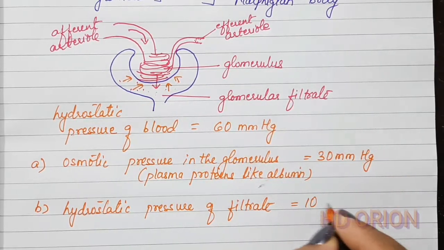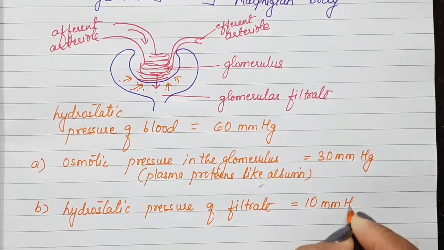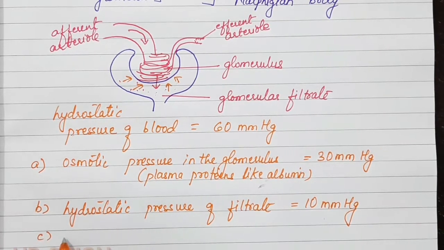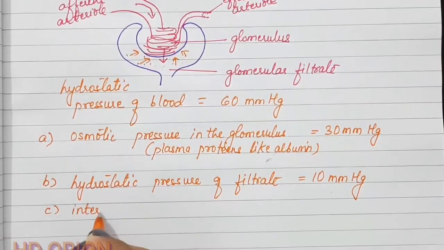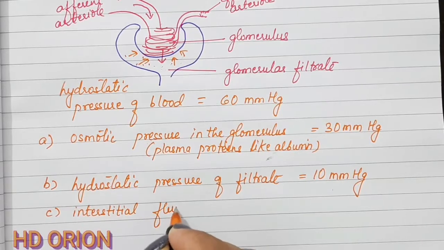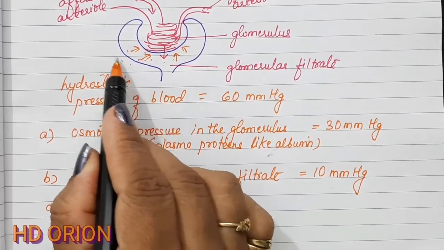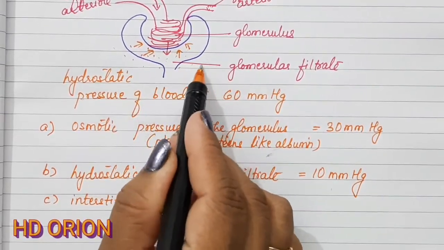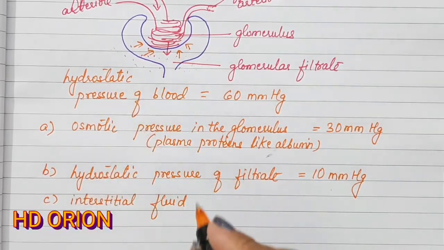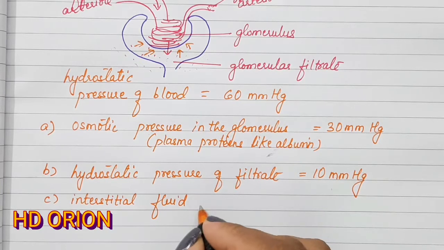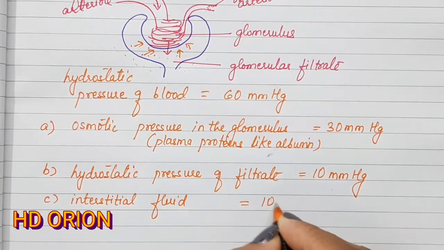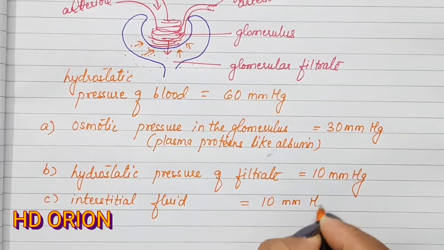This is almost 10 Hg. And there is one more pressure, which we call the pressure developed by the interstitial fluid. Now this interstitial fluid is present nearby. The nephrons are present in this interstitial fluid. This fluid also gives a reverse pressure. So this is present outside, and this is also equal to 10 Hg.